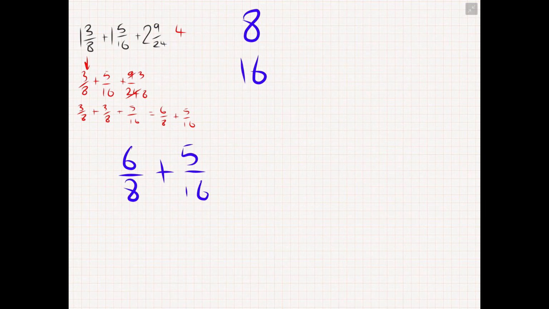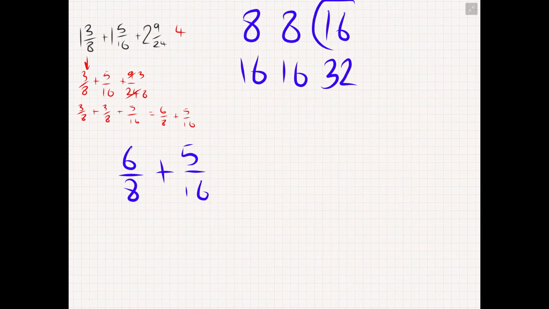So in this case, we'll start with multiples of 1, so 8 is 8, and 16. Multiples of 2 gives us 16 and 32. And straight away now, we can see that we've got 16 and 16. So that gives us 16 as our lowest common denominator.